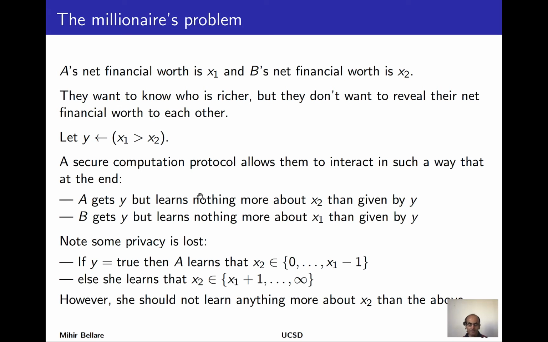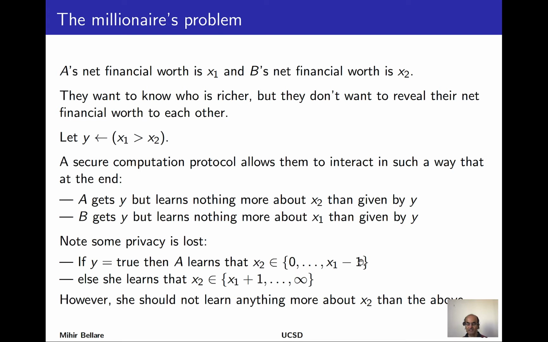Now, this is the description of secure computation, but something that's worth keeping track of as we go along is that there is some loss of privacy inherent in the fact that the result of the computation is revealed. In particular, if y is true, then Alice knows that x1 is bigger than x2, meaning she's richer, and that gives us some indication of Bob's net worth.